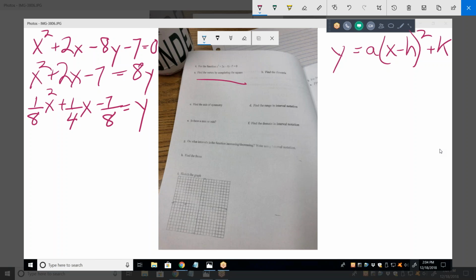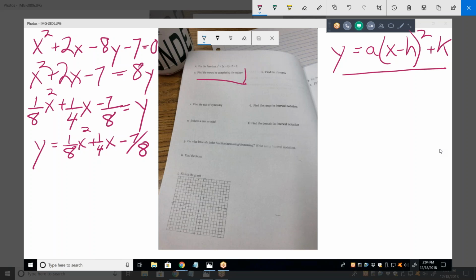Now, I'll switch it around just so we don't confuse you. I can always write it this way. Now, they didn't start with an easy one. A little bit of a hard one. We've got to make it look like that.